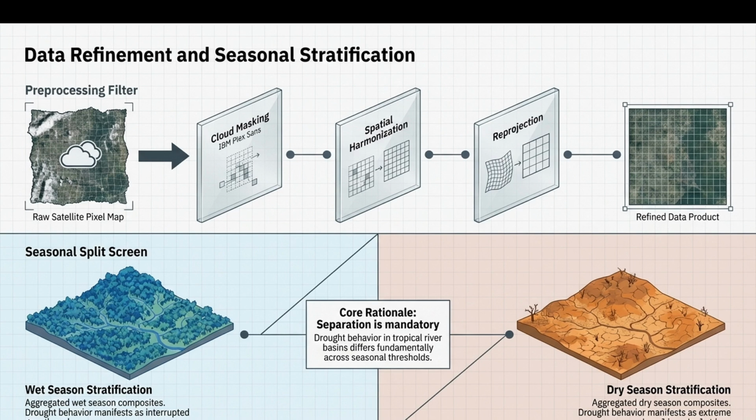And for another season, the wet season, we also create a stratification map and check the drought behavior in the wet season. We also apply cloud masking, spatial harmonization, and reprojection. We identify drought behavior for two seasons, the dry season and the wet season.